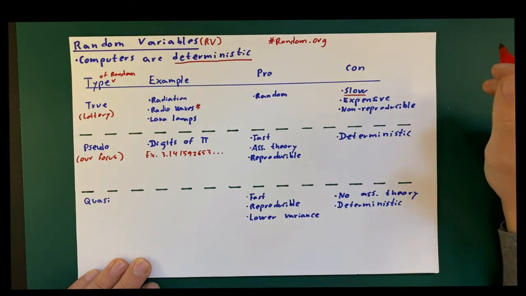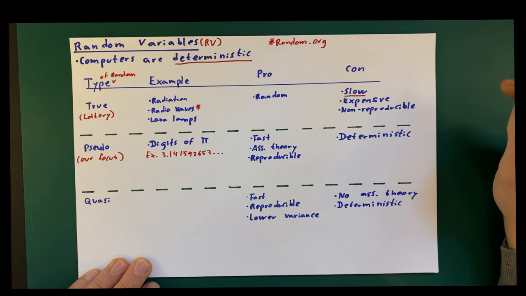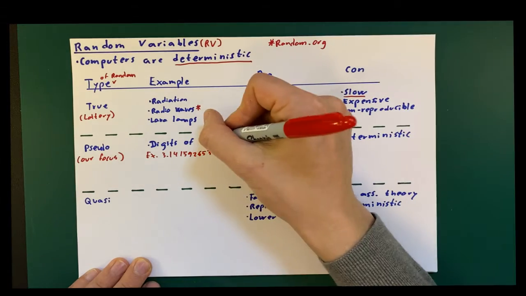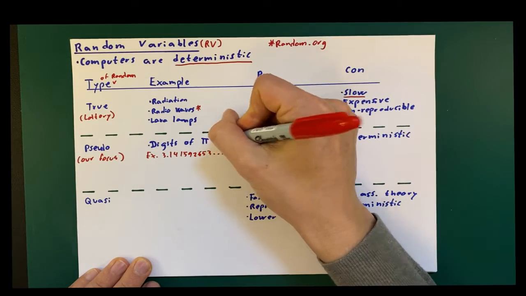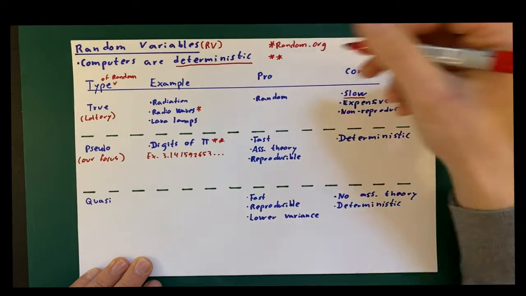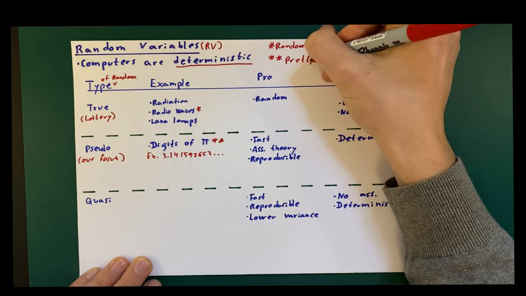If we want to take these digits, as far as people can tell, this is actually a pretty good source of randomness. So just say here that digits of pi are actually a pretty good source.